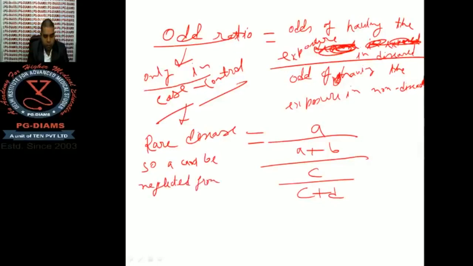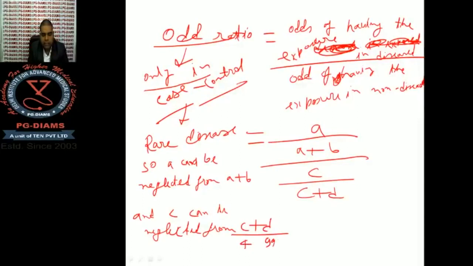from A plus B, and C can be neglected from C plus D. Why can it be neglected? Because C is only 4, D is 996, so the total will almost be equal to 996, so C is negligible.